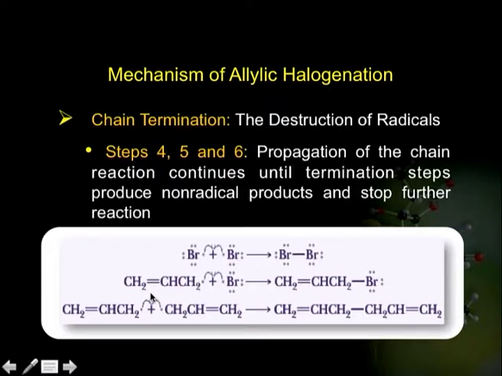There can be an allylic substitution with an alkene radical and the bromine radical, and also there is a possibility that 2 alkene radicals may combine together and give rise to a dialkene. So, this is how the chain gets terminated.